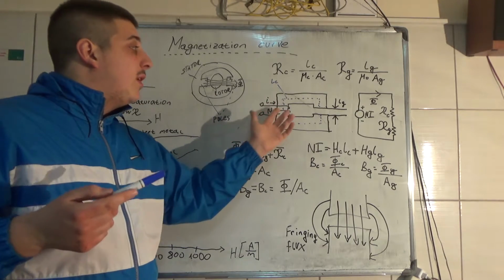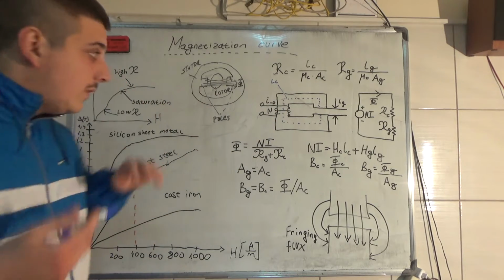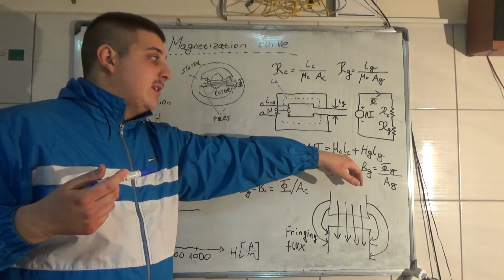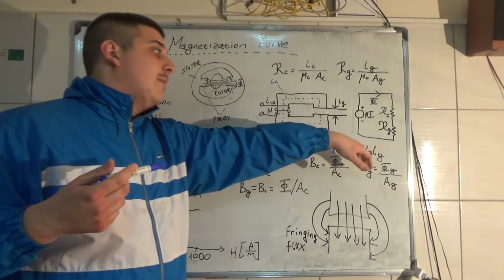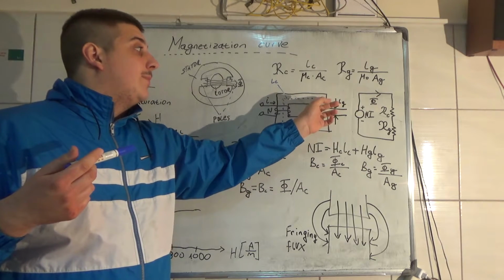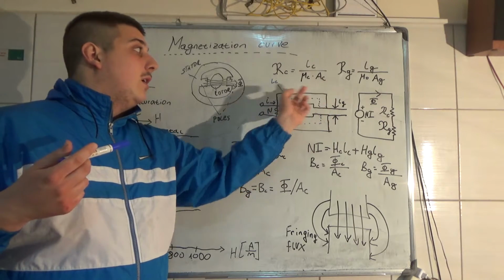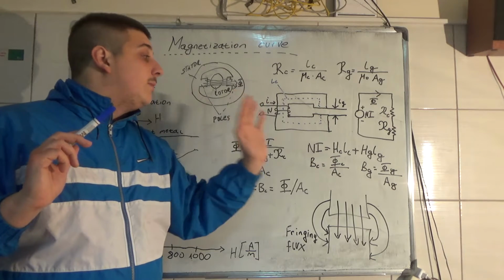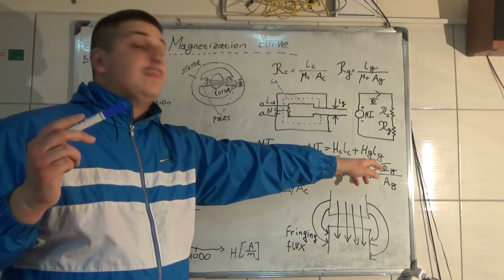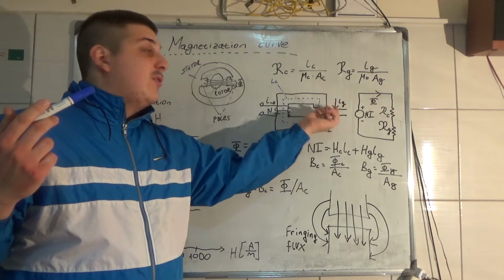As you can see, we brought the MMF, magnetomotive force, here, which is equal to HC LC plus HG LG, magnetic field intensity in the core multiplied by the length of the core. This length of the core is the middle line of the magnetic material, so it's always the middle that you measure, plus the magnetic field intensity in the air gap times the length of the air gap.